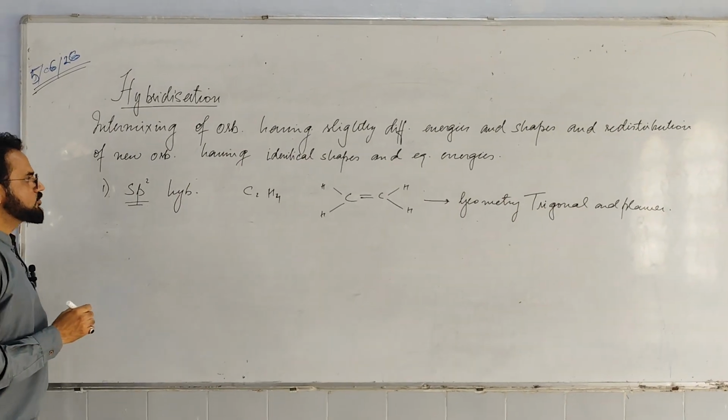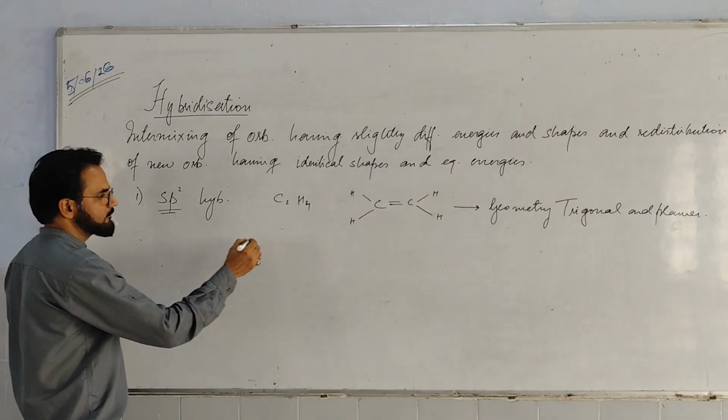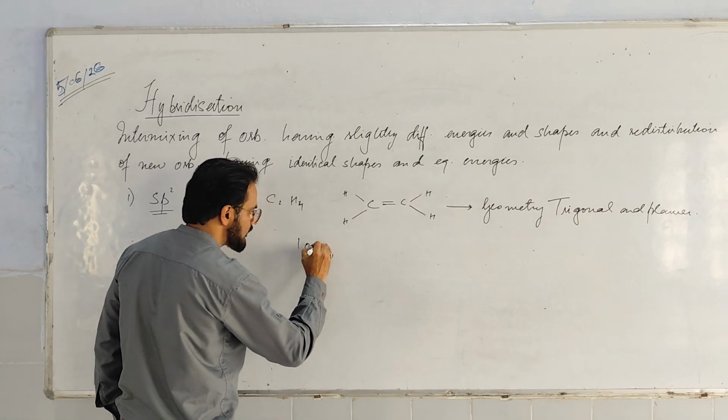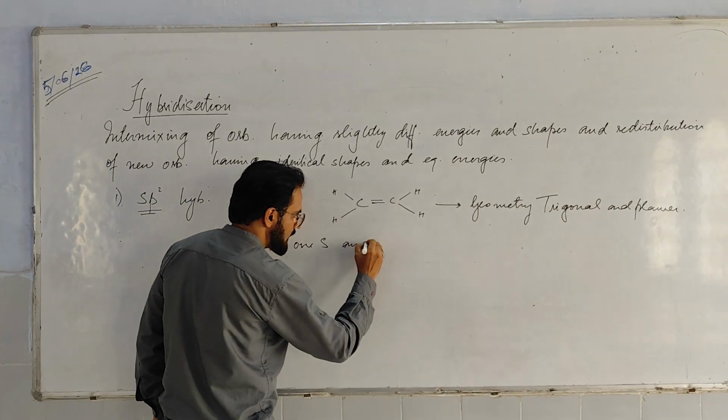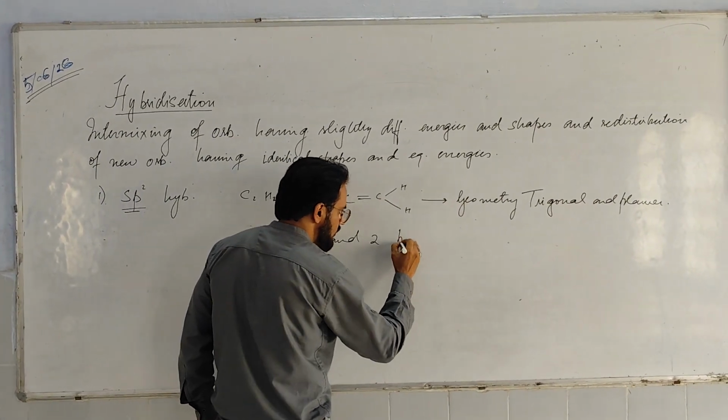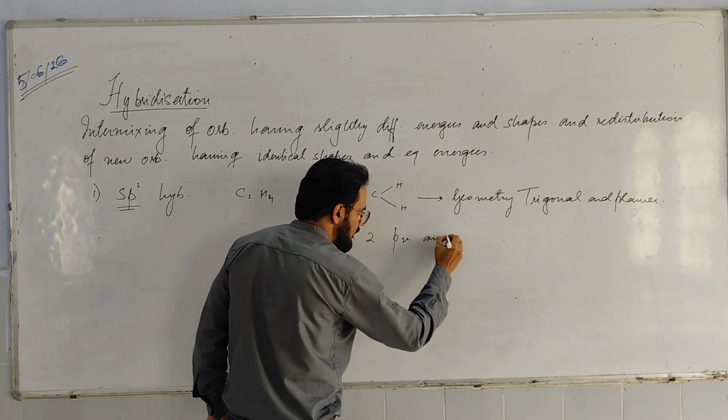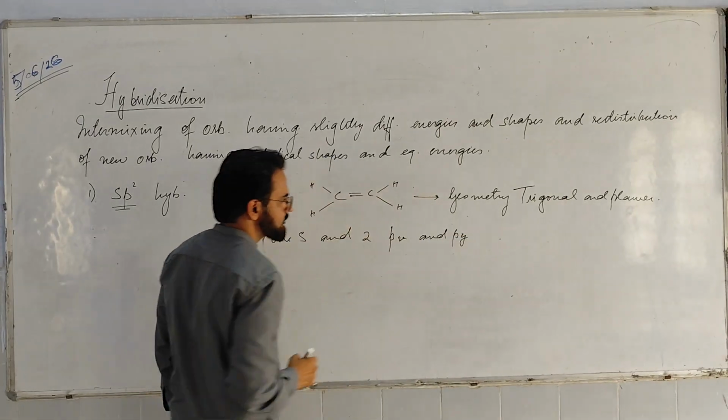This sp2 hybridization contains one s orbital and two p orbitals, px and py.